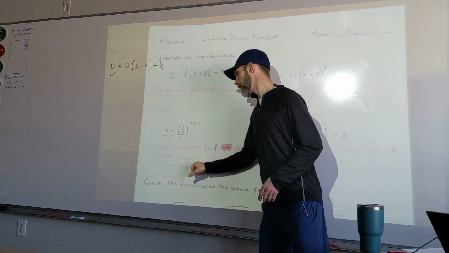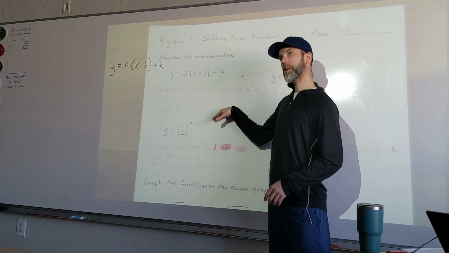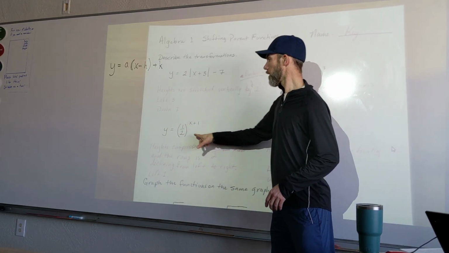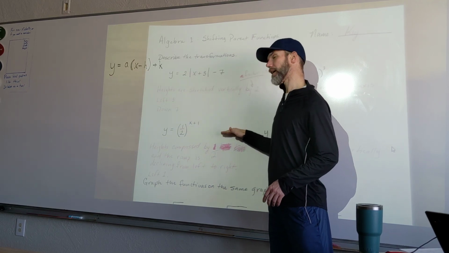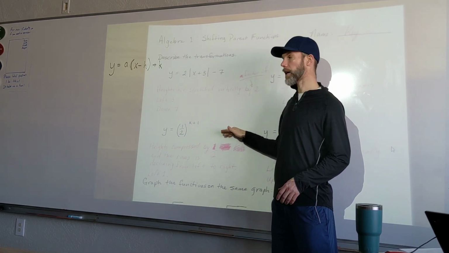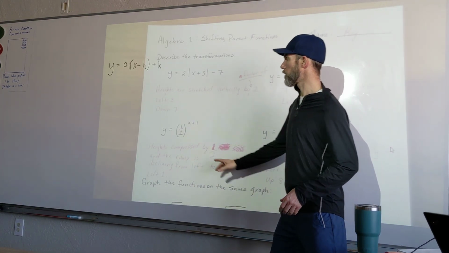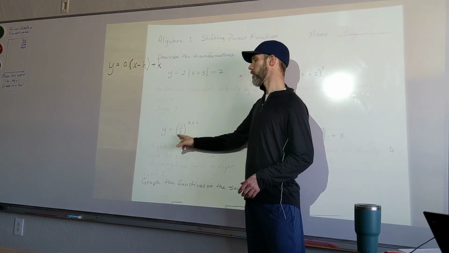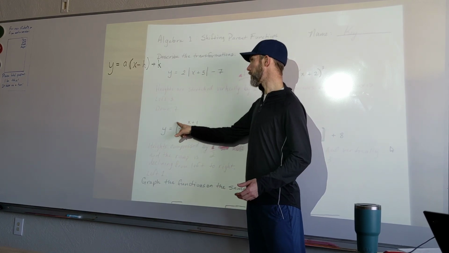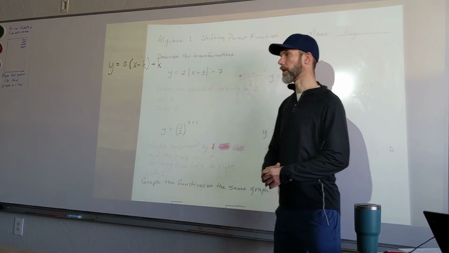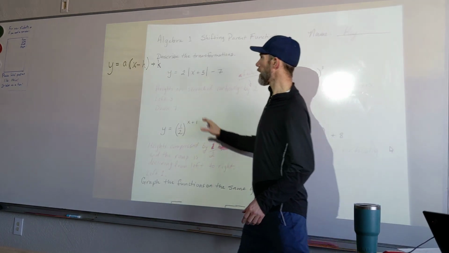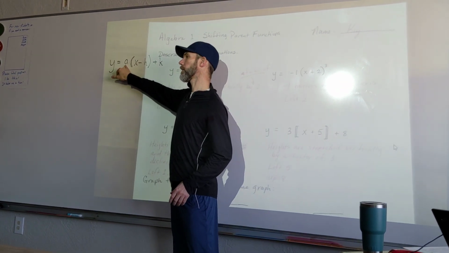But also the ramp is declining, because these look like a ramp. Instead of a ramp going up like this, a 1/2 has a ramp going down like this. So even though there's not an A out front, the heights are impacted by the base of the exponent. That handles, for all these problems, the A.